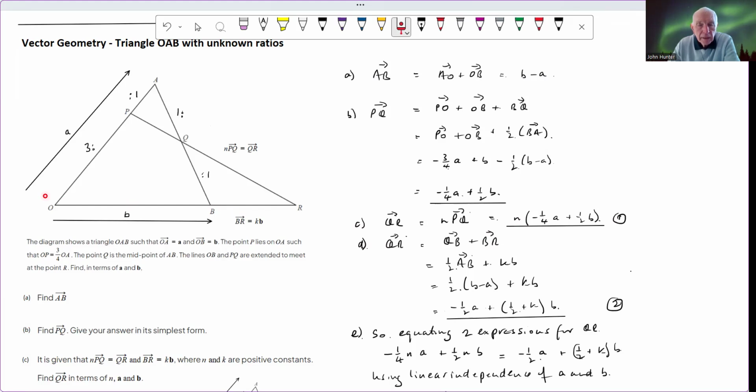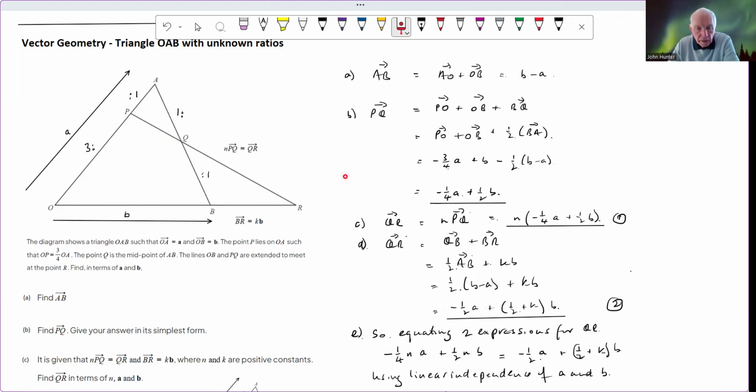But in general, the linear independence of A and B basically means that one isn't a scalar multiple of the other. Their linear independence means that we can define any point or any vector in this plane, the plane being the paper, in terms of A and B.